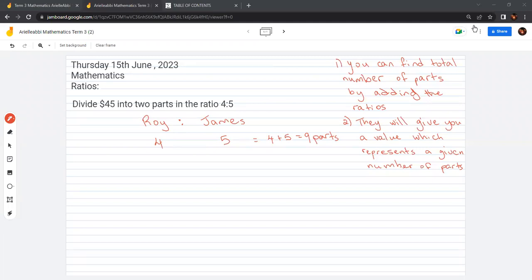So for this one, the total number of parts would have been 4 plus 5, which is 9 parts. But the information they gave us was $45, which was shared.